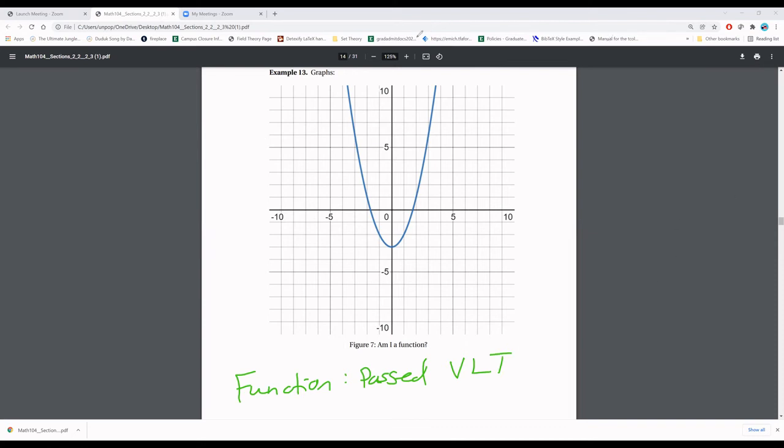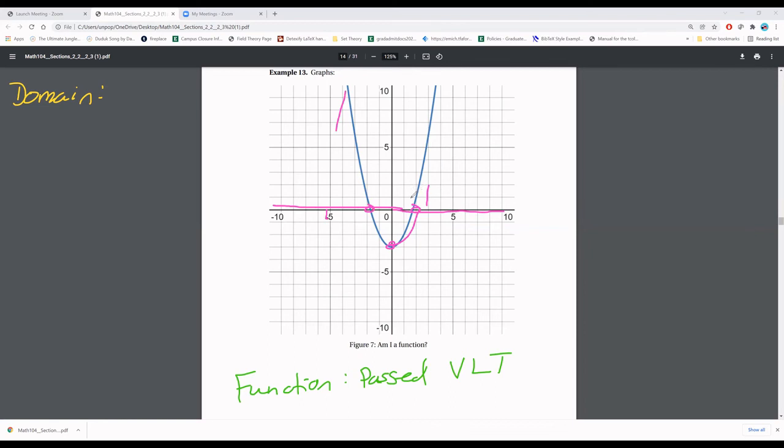Let's decide what the domain and the range are. So come over here, we'll say domain. What's the domain? Well, it's everything on the x-axis that gets mapped. So we'll look along the horizontal axis. We've got 0, and everything up to here, looks like everything out this direction. Same in the negative direction, everything out this way.